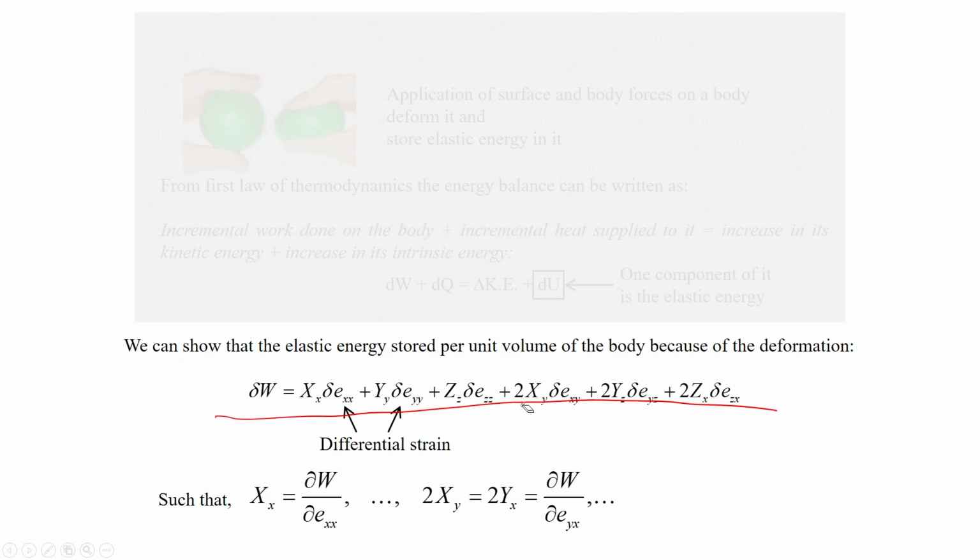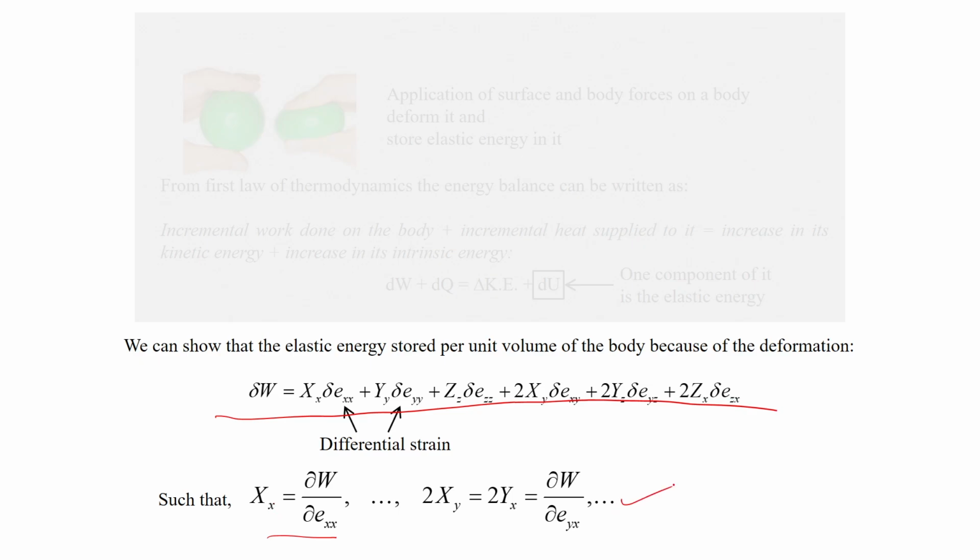So, we have XX del EXX plus YY del EYY plus ZZ del EZZ, and like that. Therefore, we can write XX as partial derivative relations, del W by del EXX with the other components remaining constant, which will be equal to capital XX, and like that we can write it.